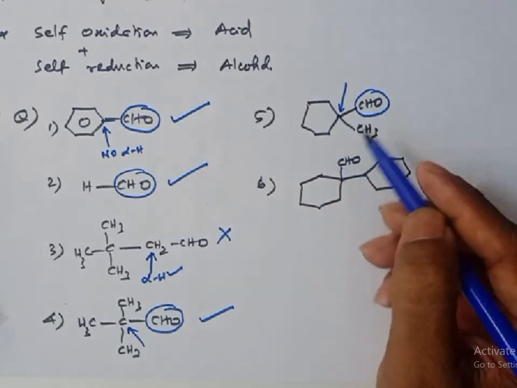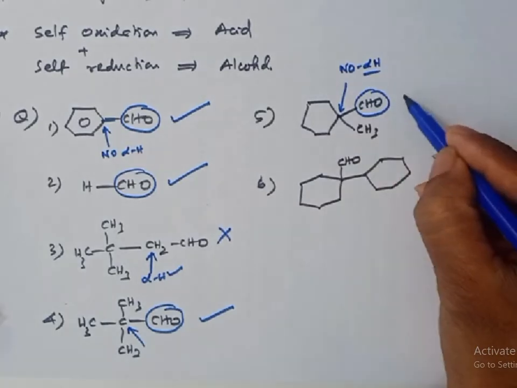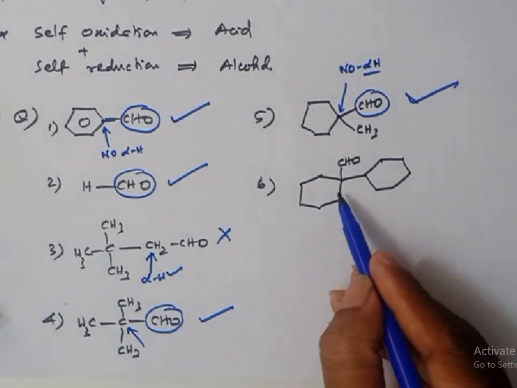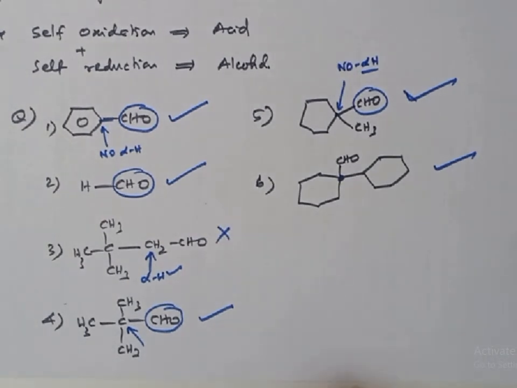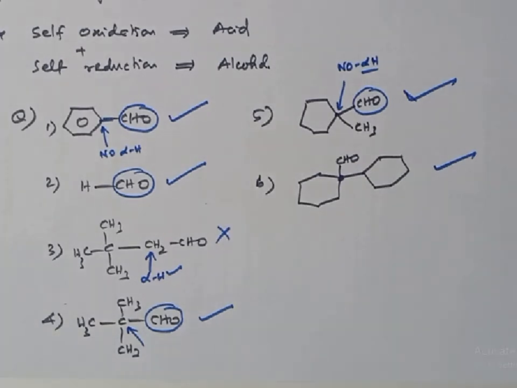There is no alpha hydrogen, so definitely this will undergo Cannizzaro. Similarly the last one also undergoes Cannizzaro because in this carbon there is no hydrogen. So you must know how to identify the compounds which undergo Cannizzaro reaction.